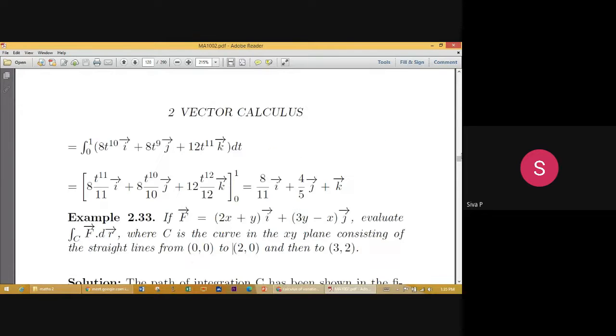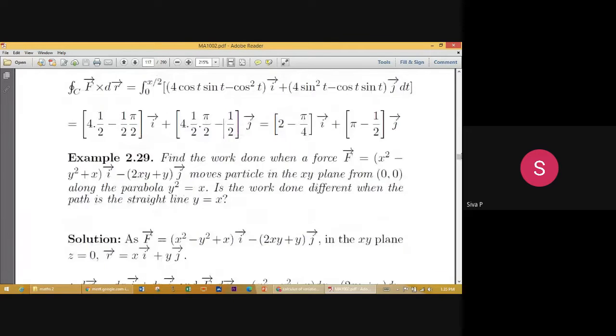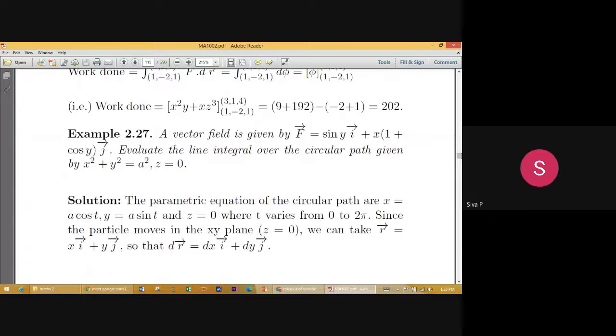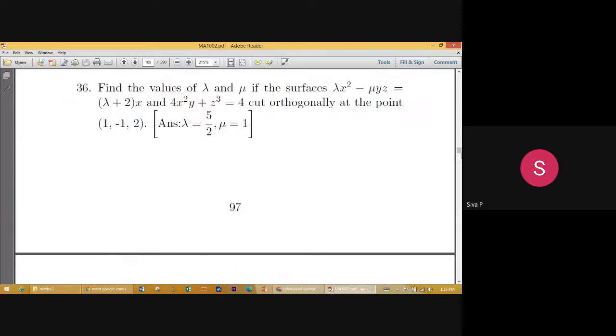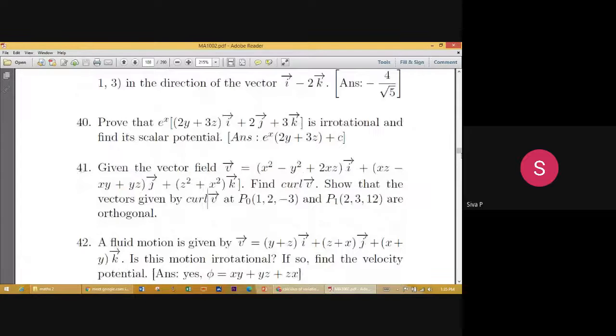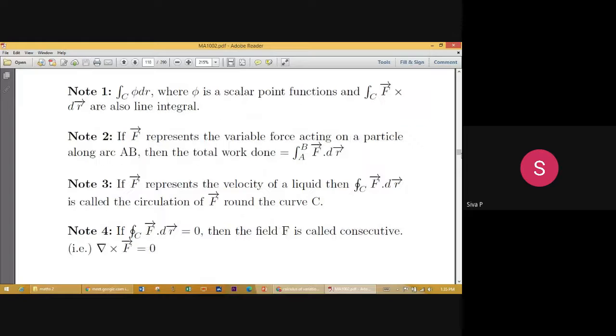Work done by the force, we will discuss in mechanics.